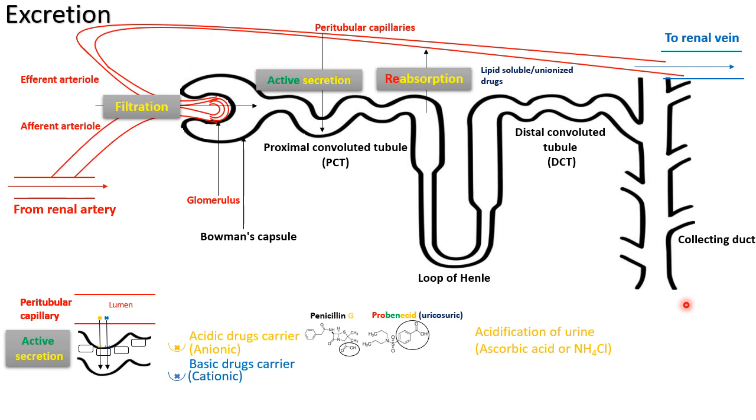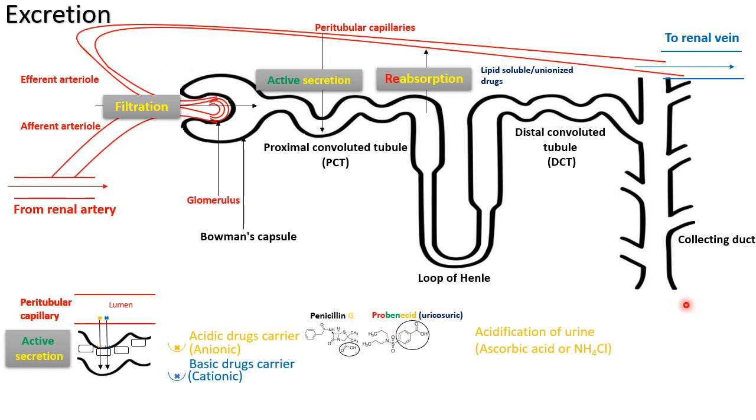Okay? Because that would make our drug more ionized than unionized. So it would make this drug that was excreted unchanged more ionized, more water soluble, more excreted. And if this drug is a basic drug, we would acidify the urine using ascorbic acid or ammonium chloride, so our drug would be mostly ionized and water soluble, more excreted in urine.